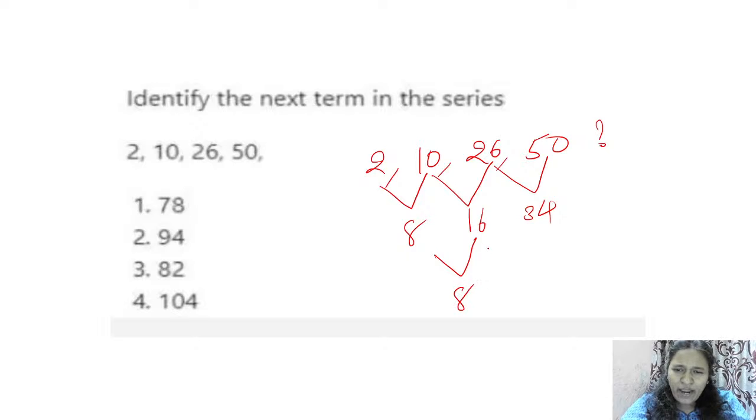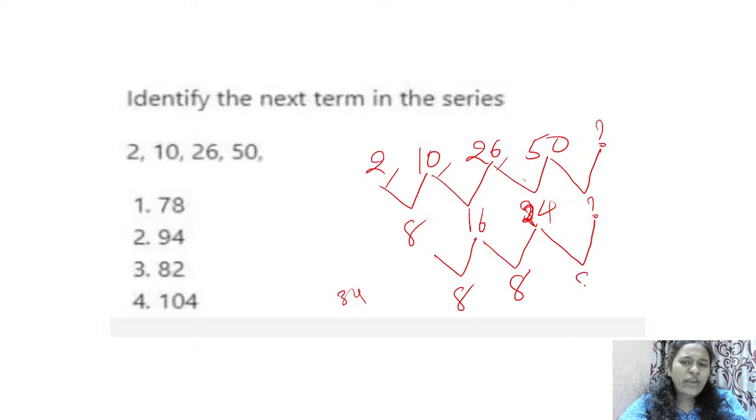It is 8, and the difference between these two is 24, right? This difference is also 8. And the difference between these two, here also we don't know, these two also 8. That means what is this? 32.